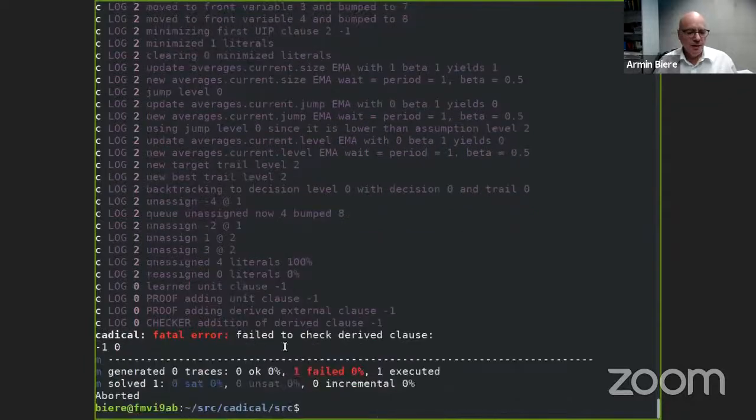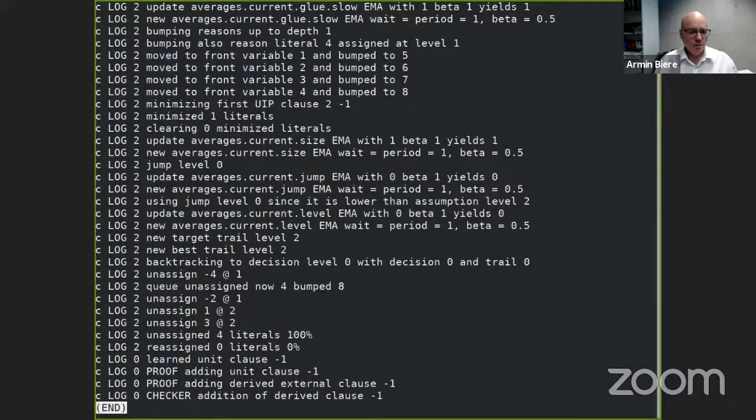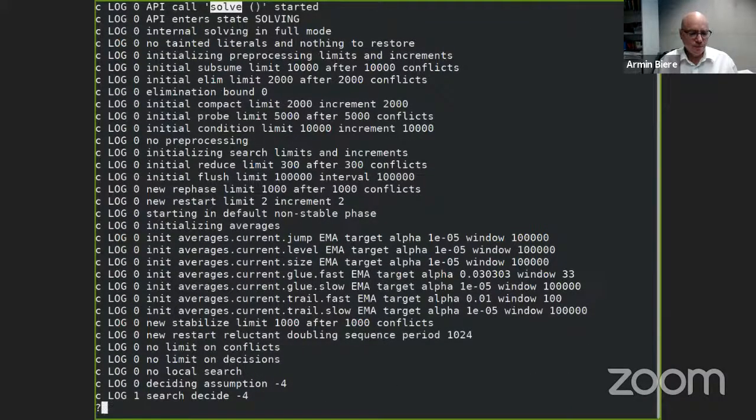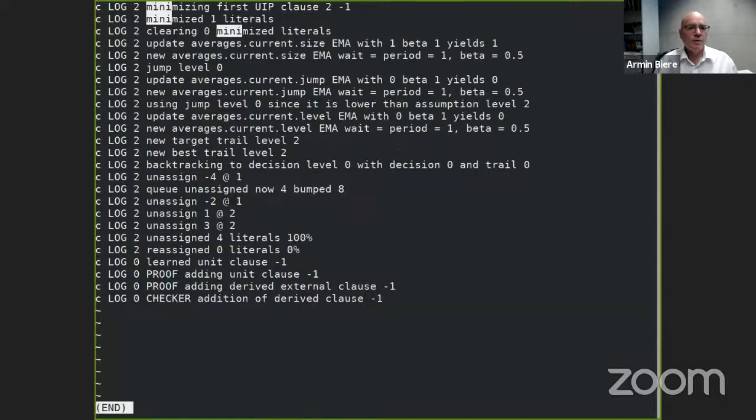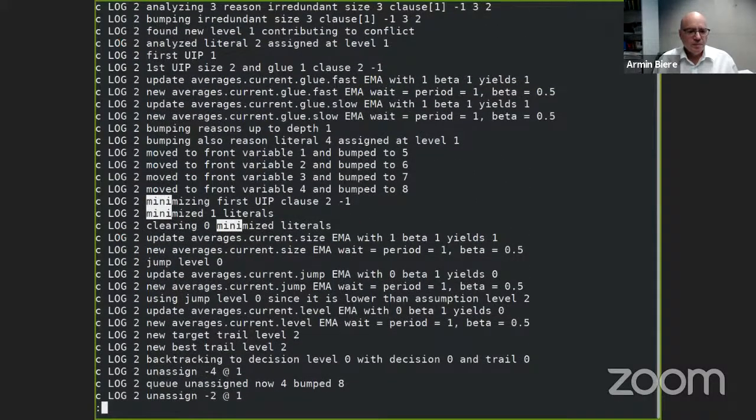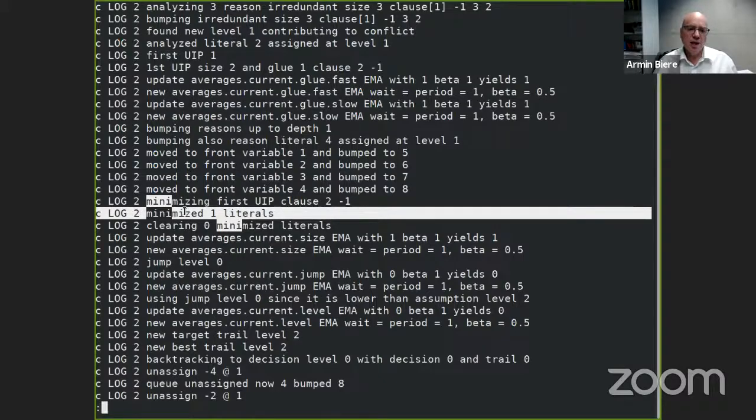Yep, and then during this minimization, probably the last one, there was one literal removed, and that was probably due to this buggy version of the code.